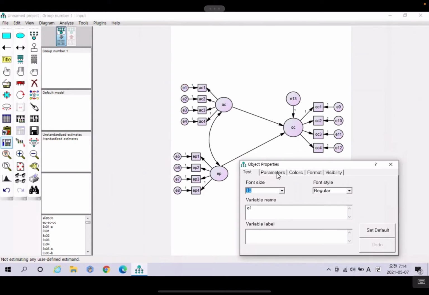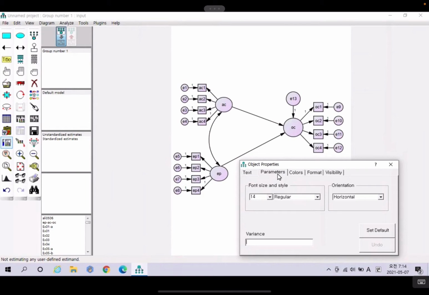And then you check the parameters, right? And then you can put the value here, right? So if you have only one indicator variable, you need to make the variance of that indicator variable set to 0, right? So in that case, by selecting parameters here, you can put zeros here, right?